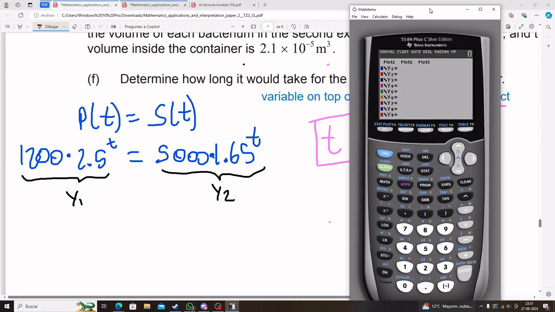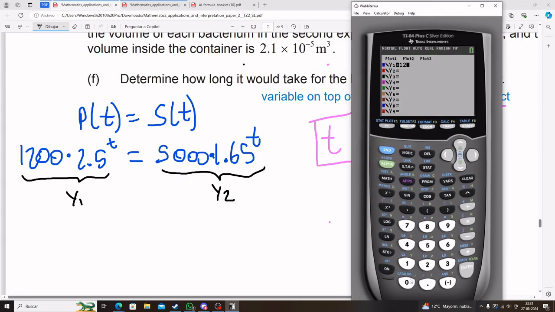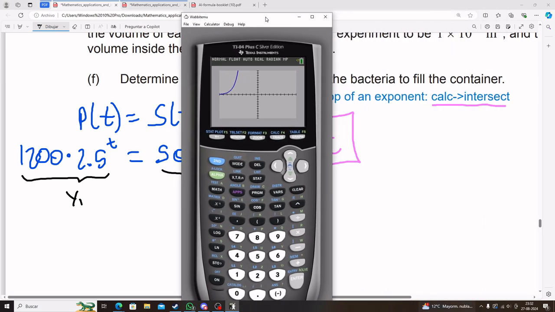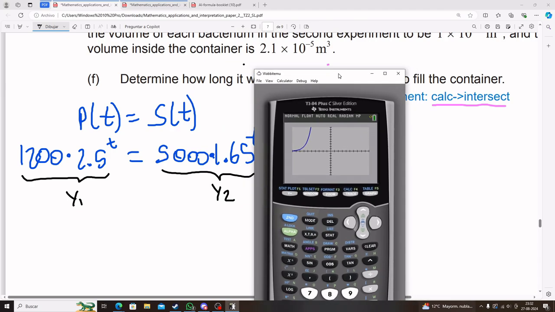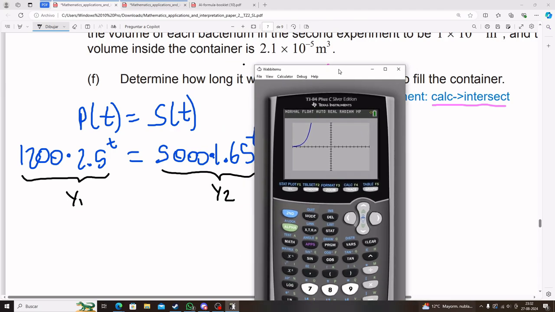So y1 is 1200 times 2.5 to the power of t, with t as my variable, and y2 is 5000 times 1.65 to the power of t, right? It looks like that. All right, cool. So if you go ahead and graph and you do calc intersect on both of these, you're gonna find whatever t makes this work, okay?